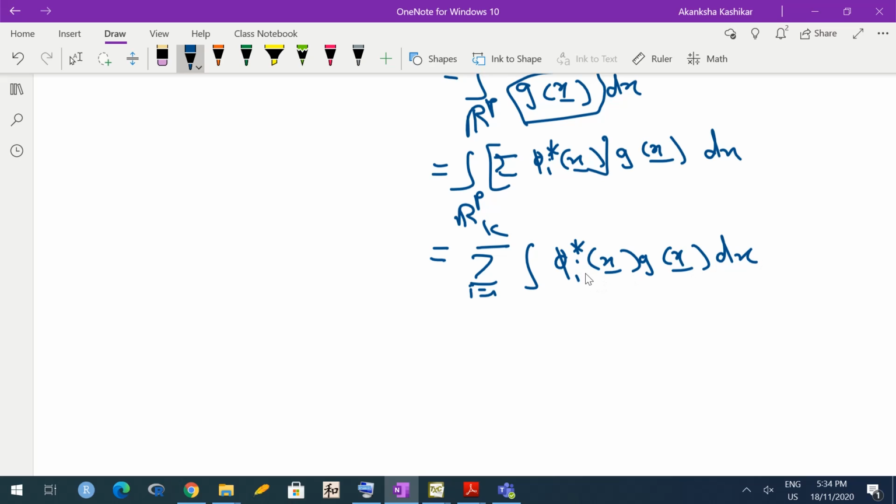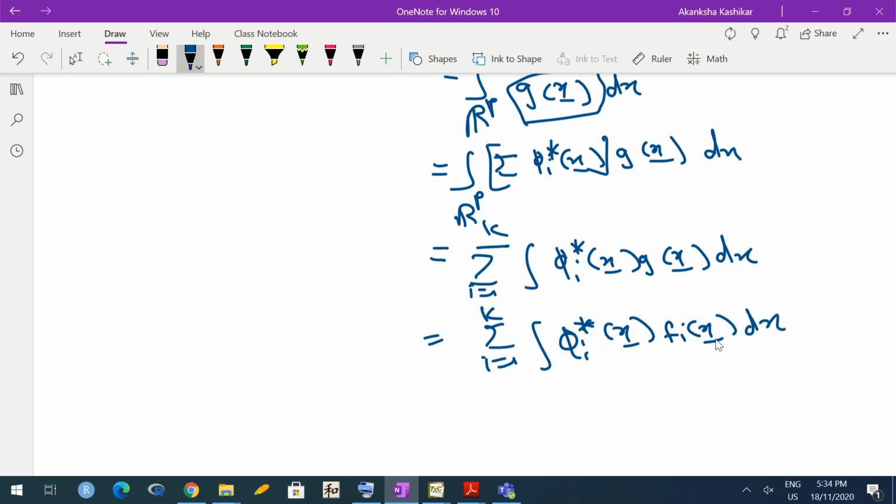Now phi I star is 1 only when Gx is equal to fi x and it is 0 otherwise. Correct? That is how we have defined phi I star. So phi I star is 1 only when fi x is equal to Gx, which means I can write this as the integral phi I star x fi x dx, because otherwise the integral is 0.